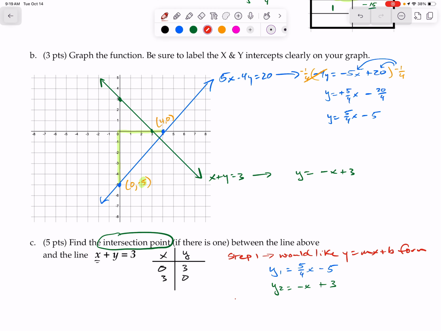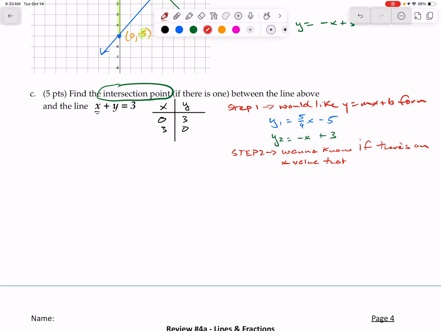So my step 2 is I want to know if there's an x value that, let's move this up, makes y1 equal y2.